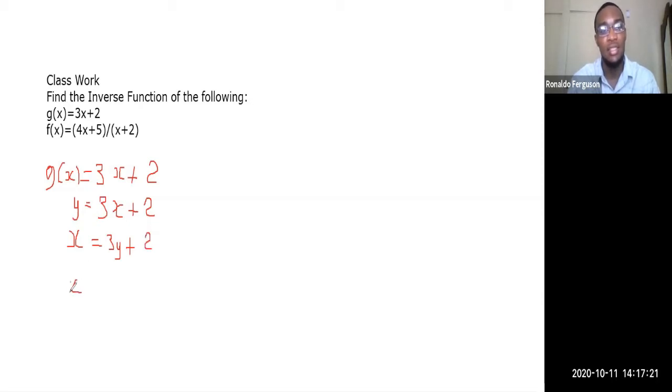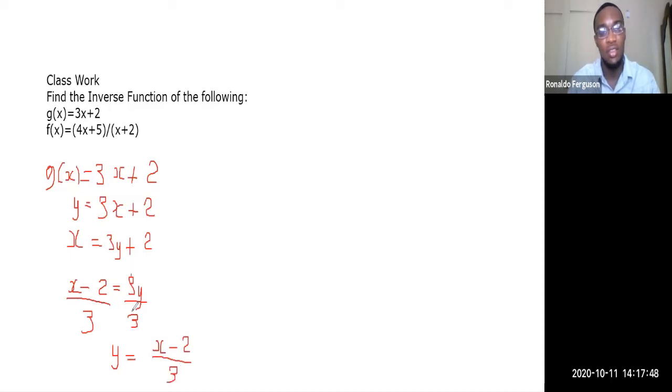And so we get x minus 2 equals 3y. All we need to do now is divide both sides by 3. And so what we get now is y equals x minus 2 divided by 3.